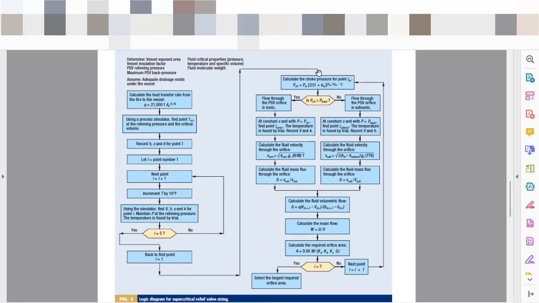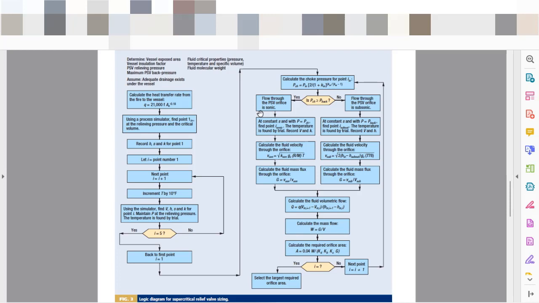So the first thing is to verify whether the condition of the release is choked or not choked. Most often, as the set point of the pressure relief device is very high, the conditions of the release will be choked. And that means that the flow through the orifice will be sonic.